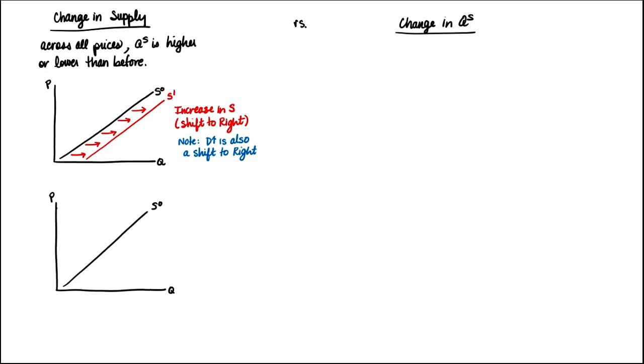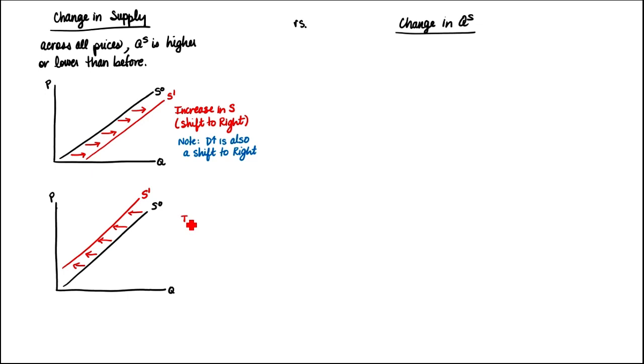Let's start with supply curve S0. But in this case, suppliers across all prices want to put less on the market than before. So at $5, $4, $3, $2, all of those prices, they want to decrease quantity supplied. Now we have a new supply curve, S1.